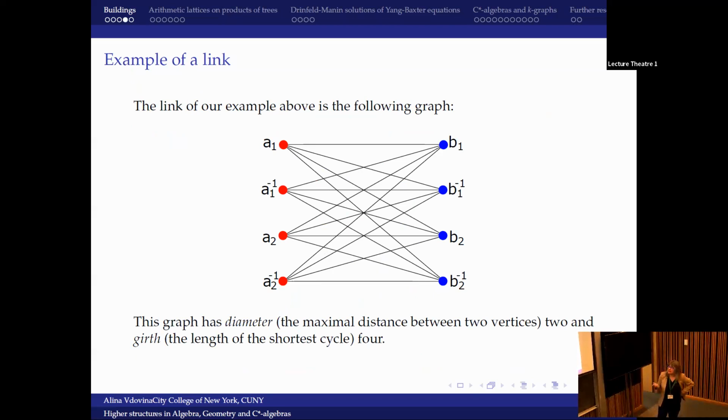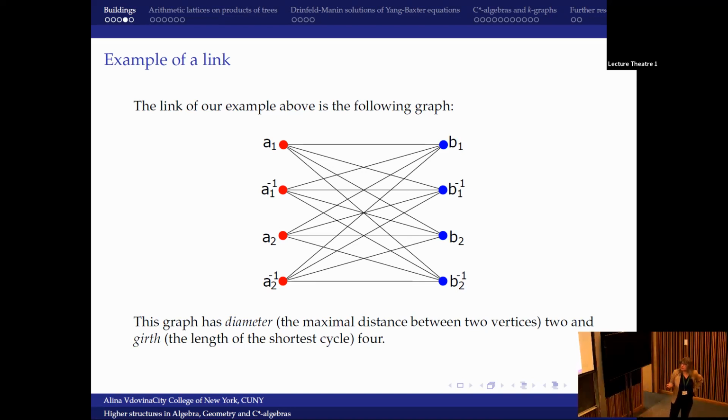And the link at this vertex is this complete bipartite graph. So what does it mean, complete bipartite? It means that there are vertices of 2 colors and there are no edges between the vertices of the same color, but everybody else is connected to everybody.